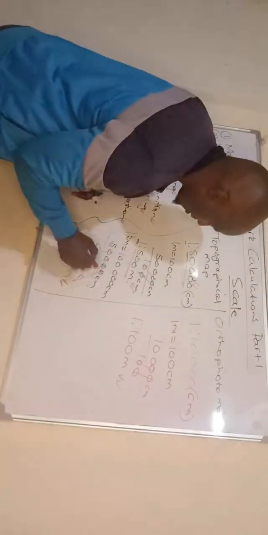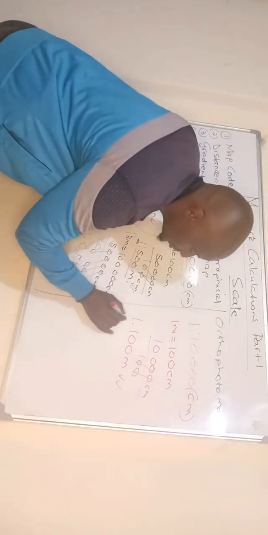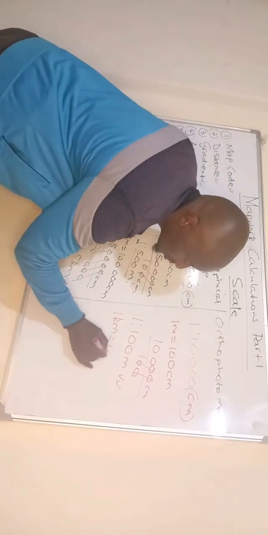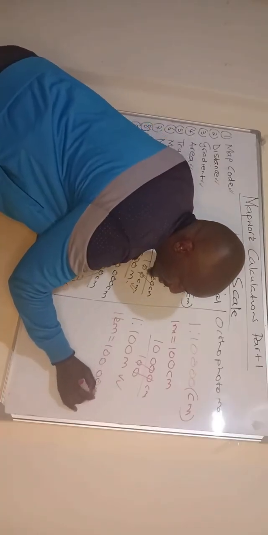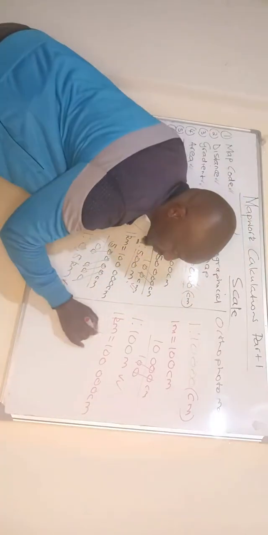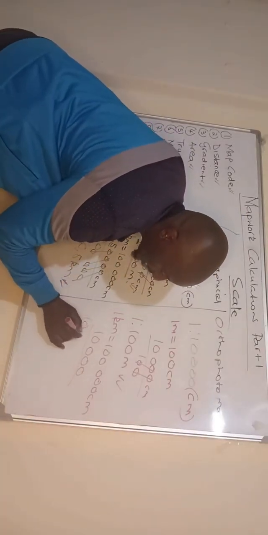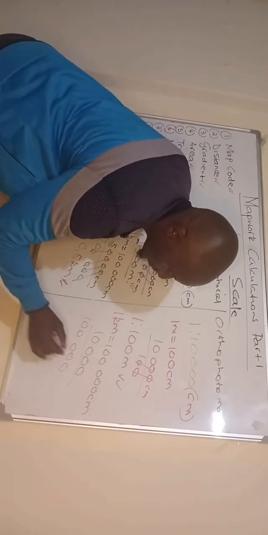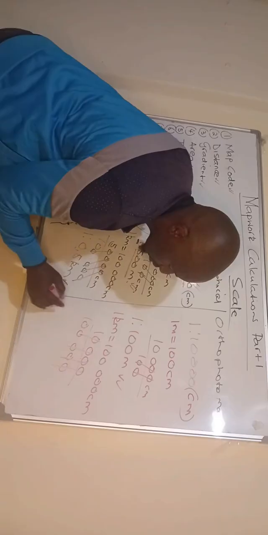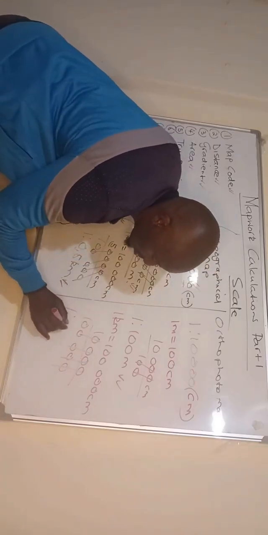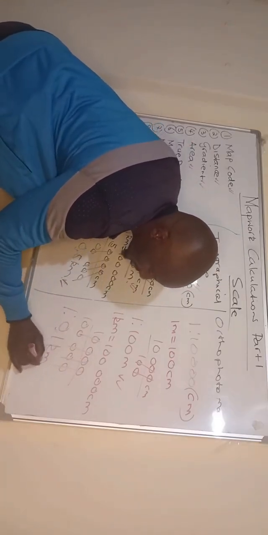We have said our 1 kilometer is equivalent to what? 100,000 centimeters. So it means we divide our 10,000 by 100,000. Okay, which means our 1 centimeter will be equivalent to 0.1 kilometers.